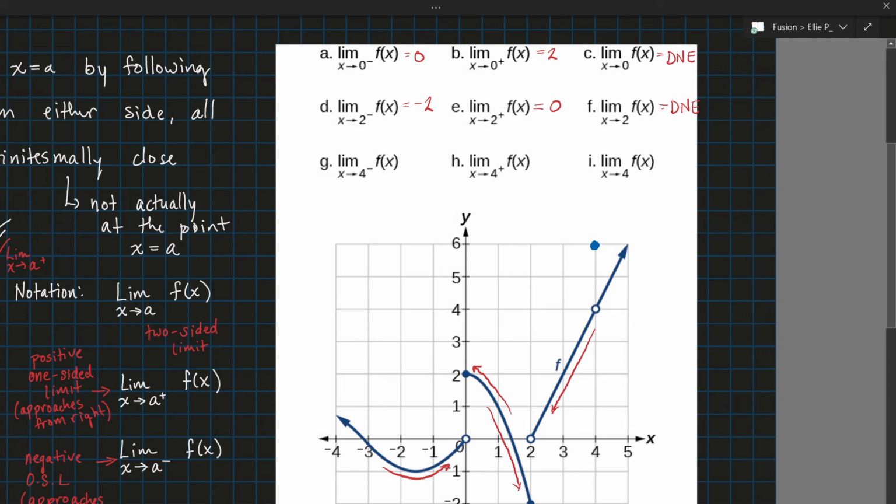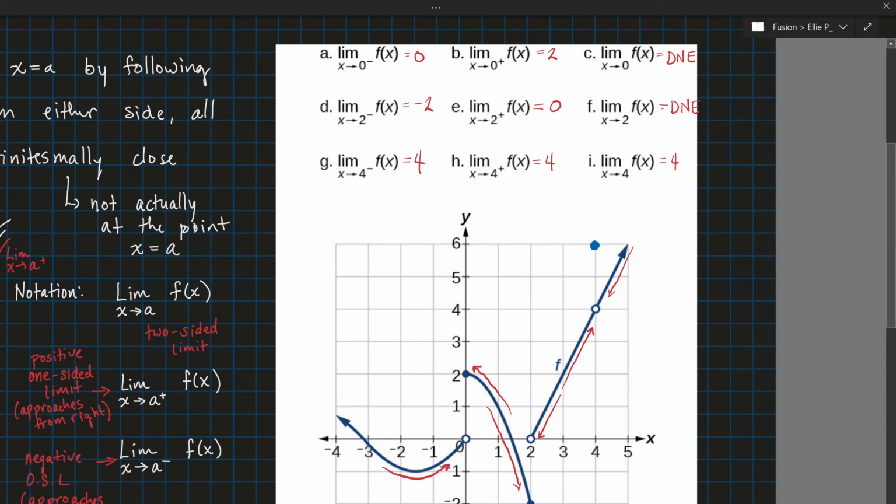And then 4. Keep that there. So 4 from the negative side, we'd be coming up here, following along the function. 4, right. Good. And then 4 as well. So two-sided is also 4.